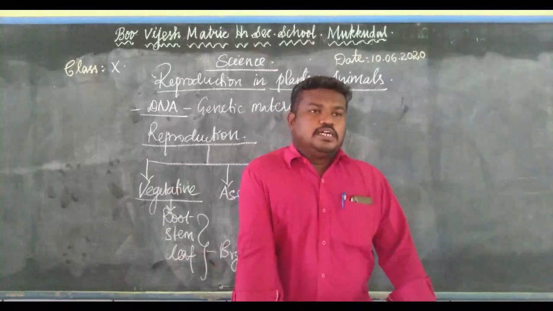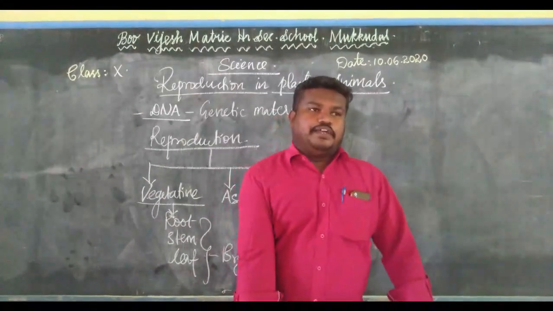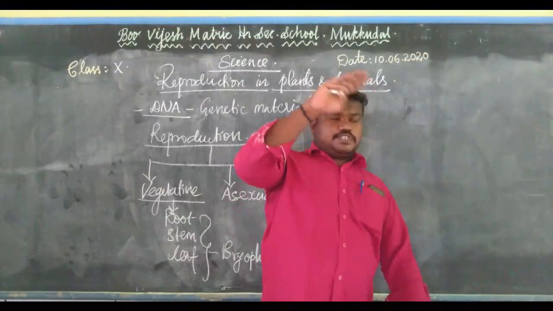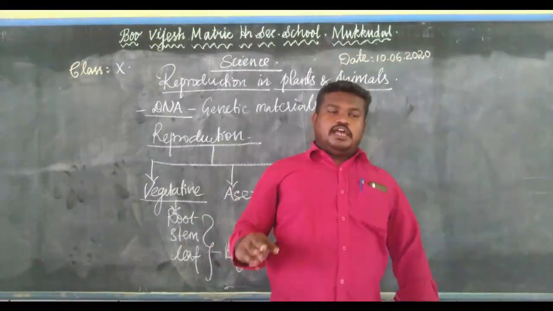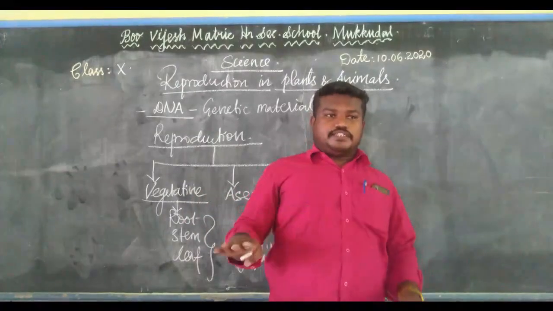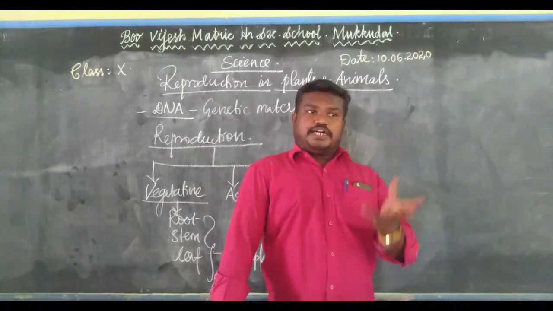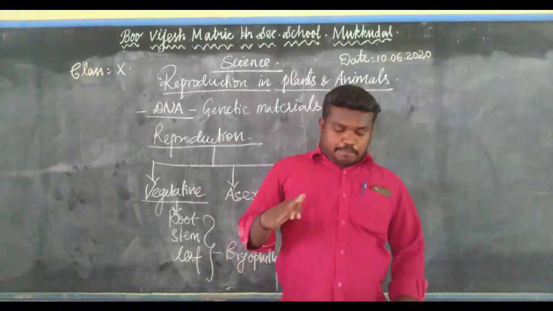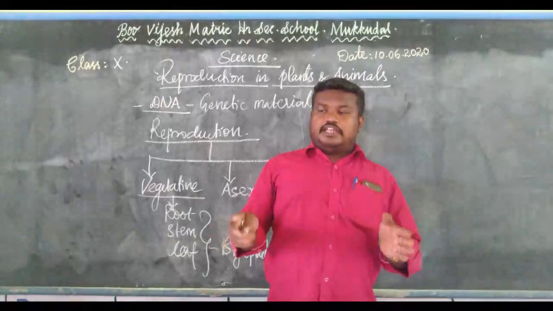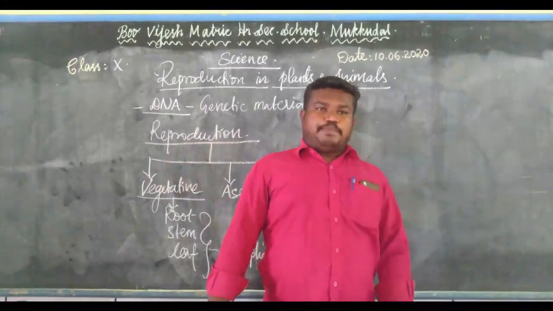And stem. It can be seen in the strawberry. In the strawberry plant, the runners touch the ground and produce adventitious roots, and at the same time the buds also. Then the parent plant is broken, and it will become an independent life.